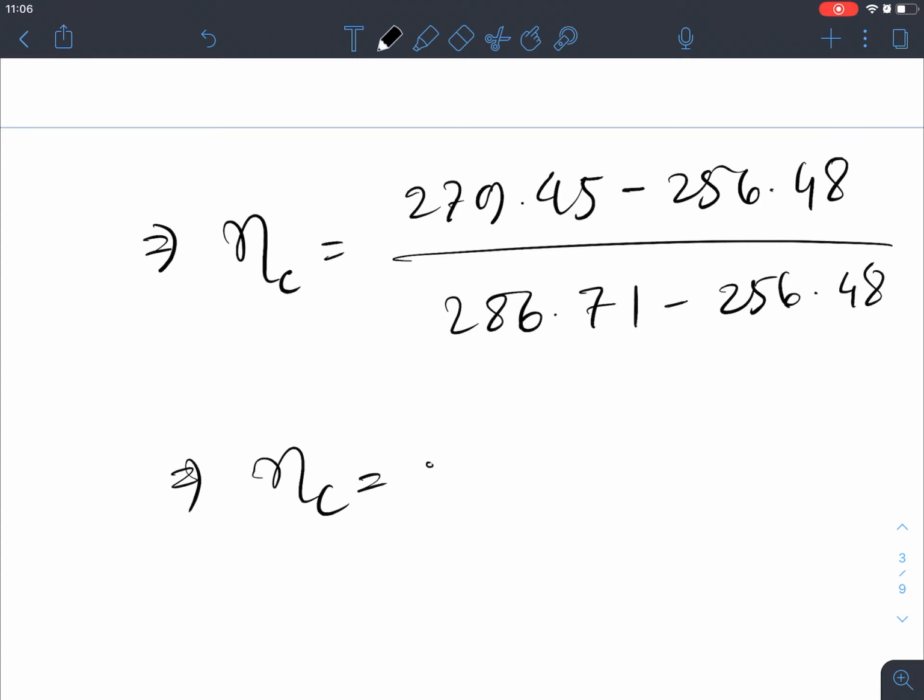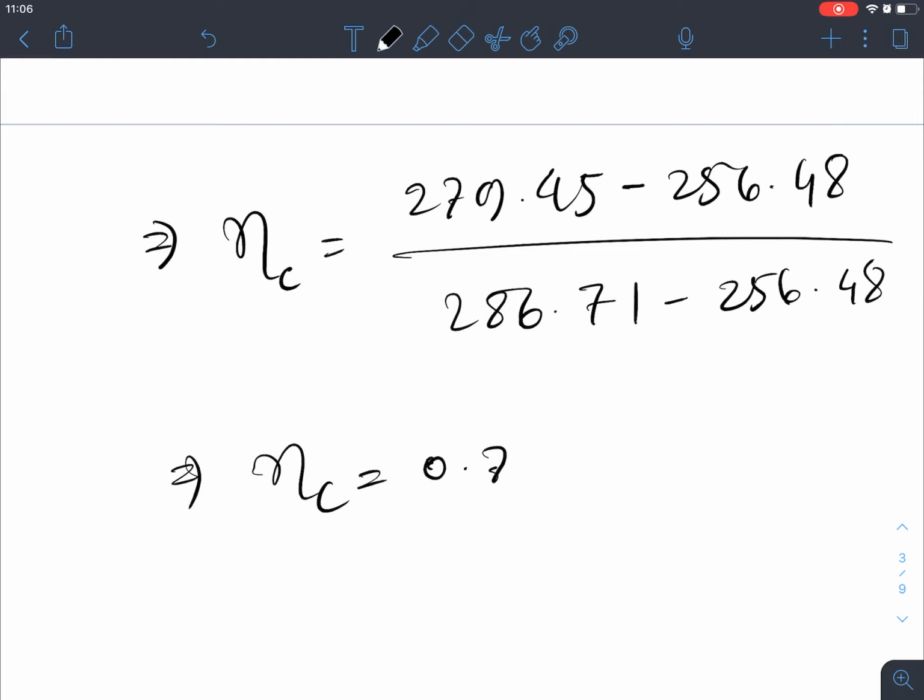So it would be 0.7598, which equals 76%.